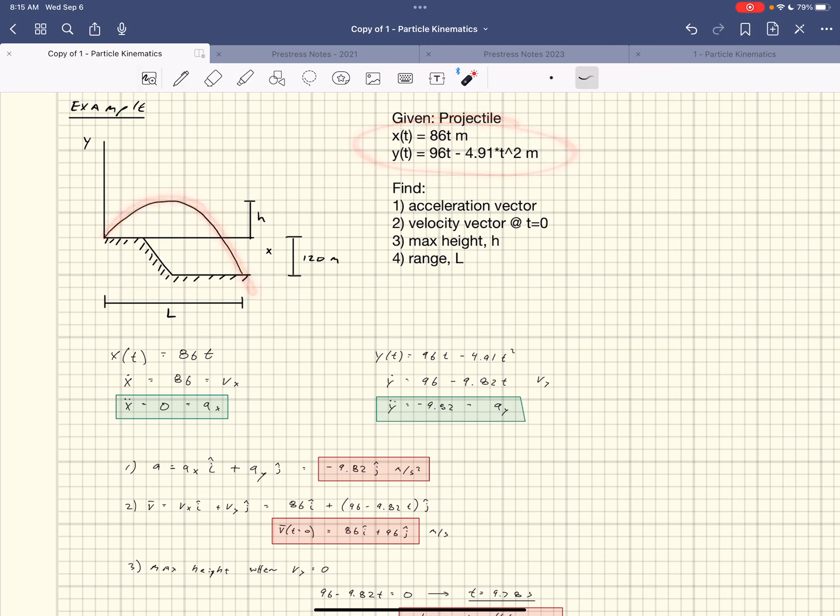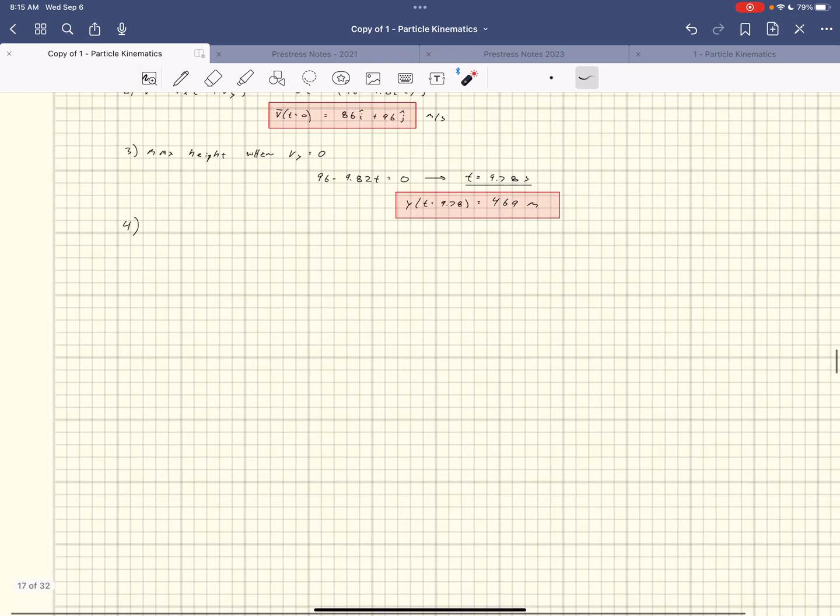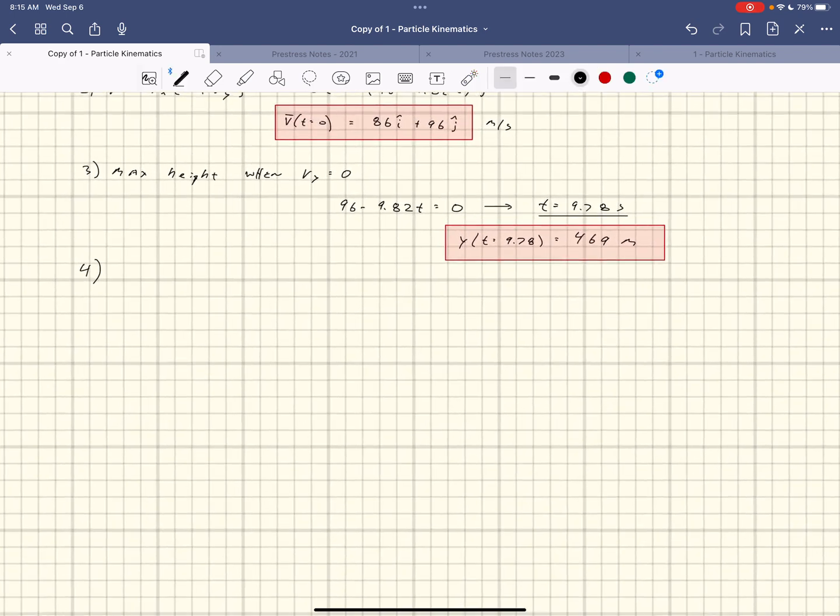If we want to know how far it's traveled this way, I know that y is going to be equal to negative 120. So I find where y is equal to negative 120. That'll give me the time that it takes to get to negative 120. And then I take that time and put it back into the x position with that same time, and then it'll tell me how far it traveled. Okay, let's do that. You're good. Look at you guys. It's like little puzzles, right?